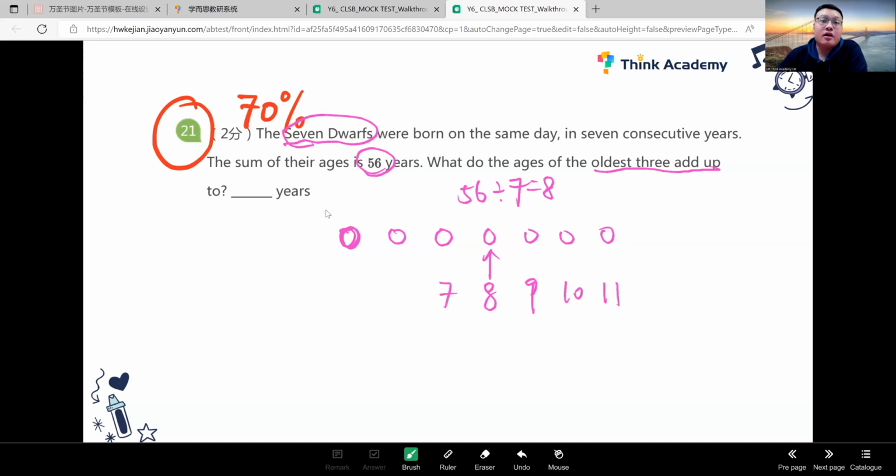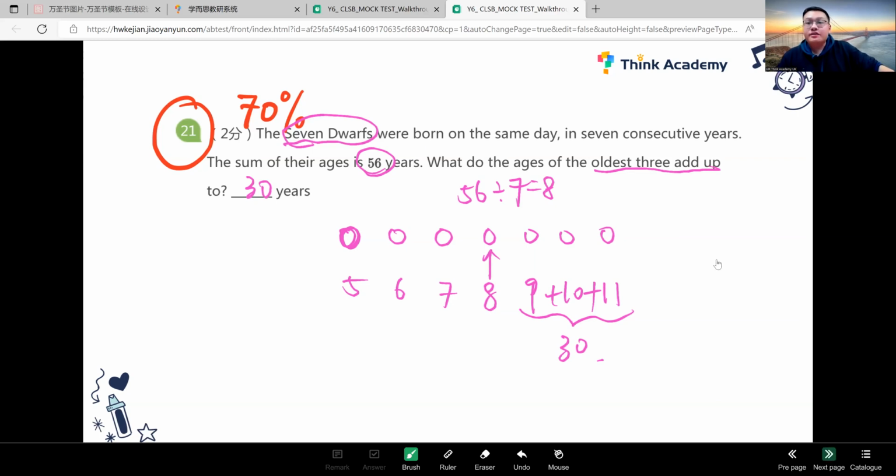So all of them will be 5, 6, 7, 8, 9, 10, 11. If you want to get the sum of the oldest 3 ages, you just add these 3 numbers. So you got 30, right? 9, 10, 11 add up to 30. That will be the final answer. 30 years.